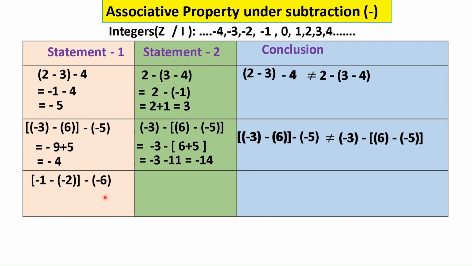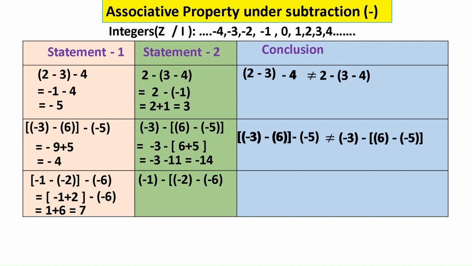So here, in the first case, minus 1, minus of minus 2 is plus 2, and next, minus of minus 6. Next here is a 1, and minus of minus 6 is plus 6. So we will get here plus 7.